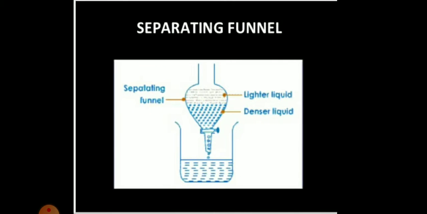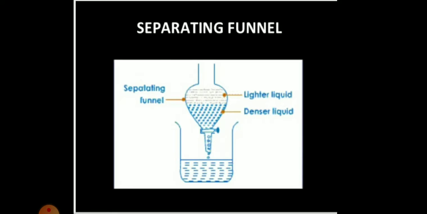The next method is the separating funnel. Children, the separating funnel is used to separate a mixture of two immiscible liquids. The heavier liquid forms the bottom layer while the lighter one forms the upper layer.